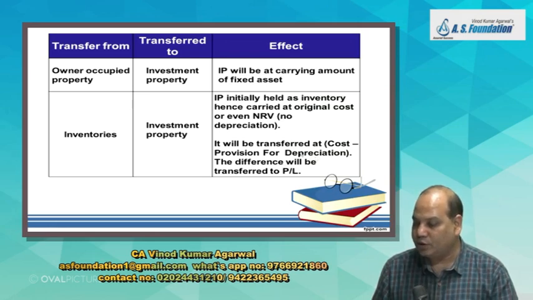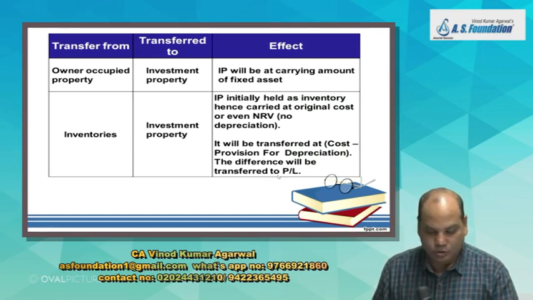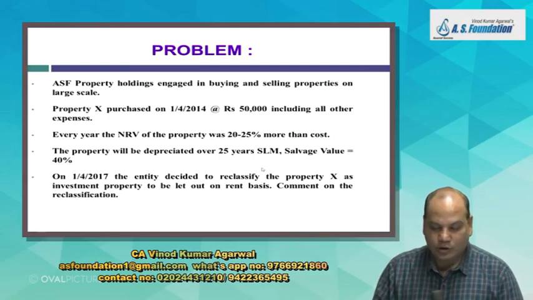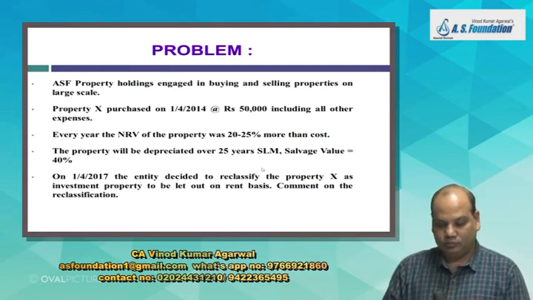Any difference between the carrying amount of inventory and cost minus depreciation will be recognized in profit and loss. On this point, we'll take one example because some calculation will be involved here. Solve question number 13 below.